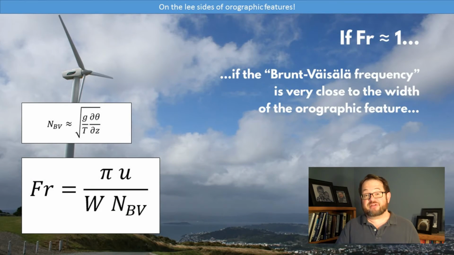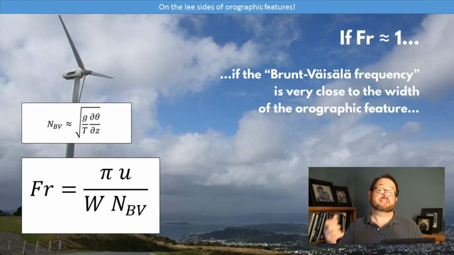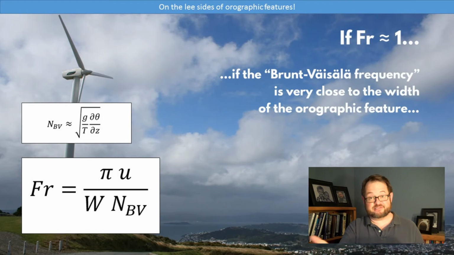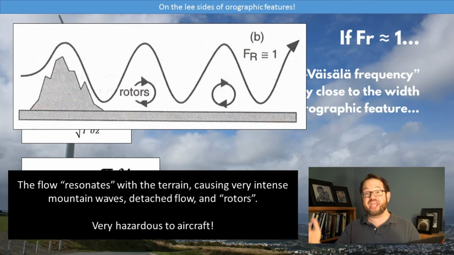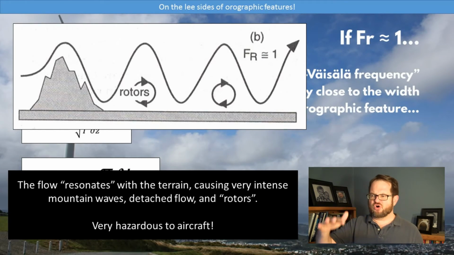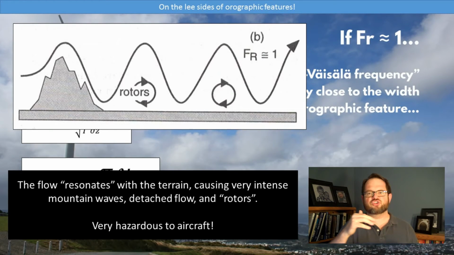Well, in that case, the Brunt-Väisälä frequency is associated with a wavelength that's actually pretty darn close to the width of an orographic feature. It combines the U-wind and the Brunt-Väisälä frequency to get a wavelength that's almost exactly the same as the size of the mountain, and what you get is giant mountain waves. The verb here is that the flow resonates with the terrain. And you don't get small, meteorologically curious waves. You get these enormous waves downstream.